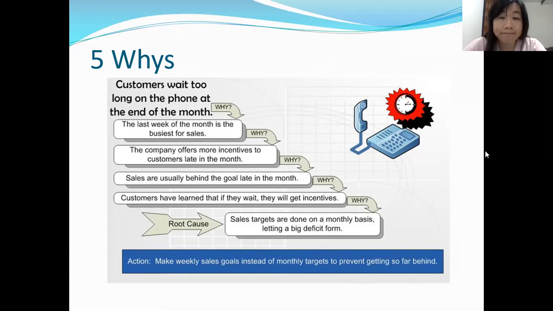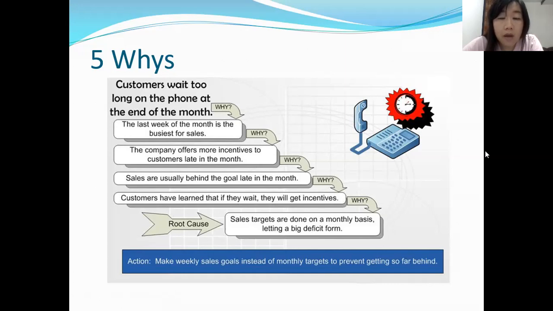But if we use 5 Whys, we are innocently asking why 5 times. Hopefully, we can find the root cause. So we can see here, why do customers wait too long at the end of the month when they make a phone call? Because the end of the month is the busiest time. Why the busiest time? Because the company offers more incentives to customers late in the month.